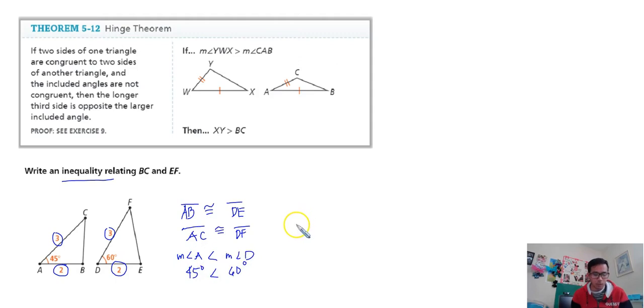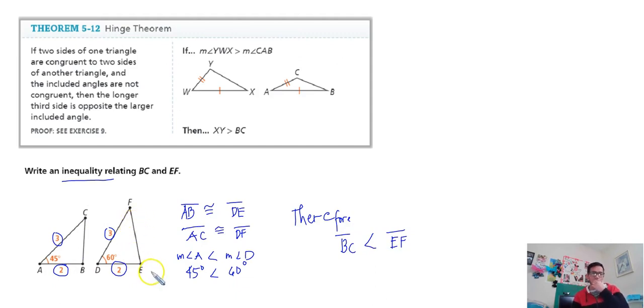So by the hinge theorem, we can now say that segment BC is greater than segment EF, because I started with B going to C, so I start with E going to F.